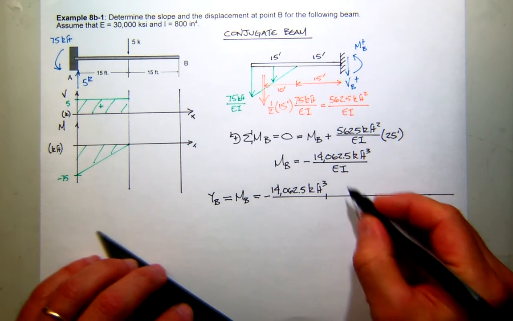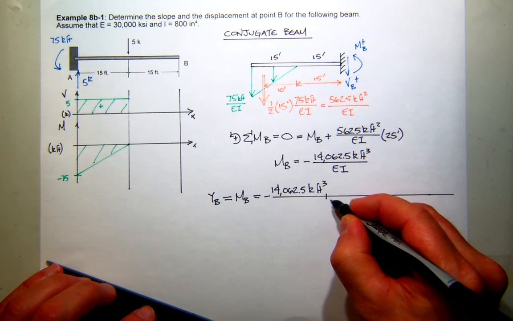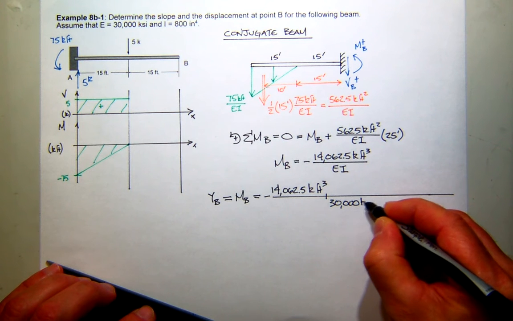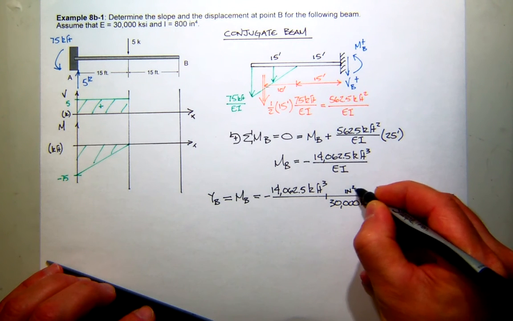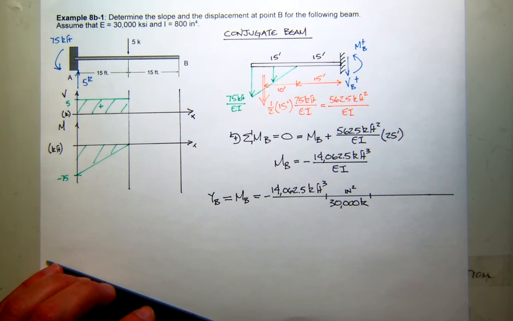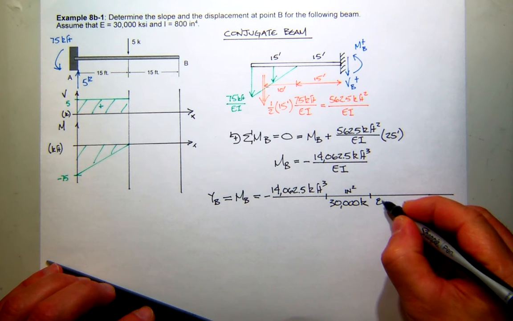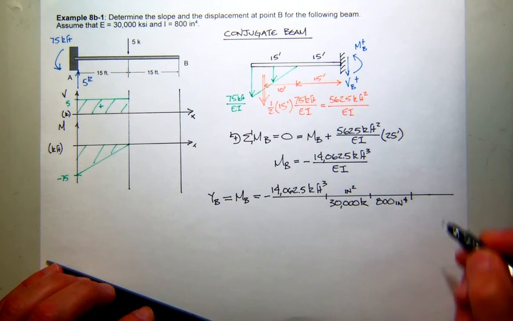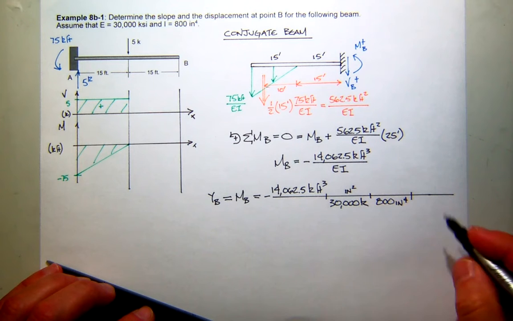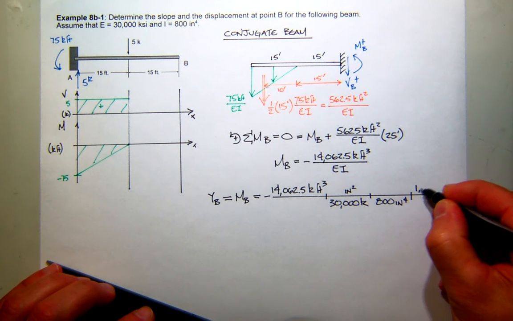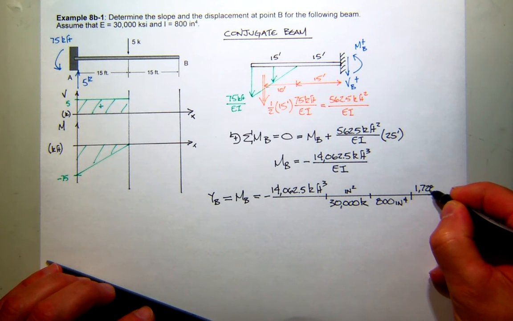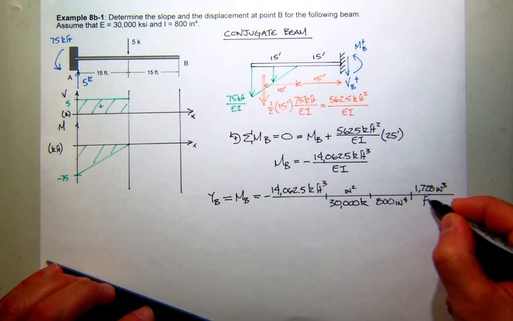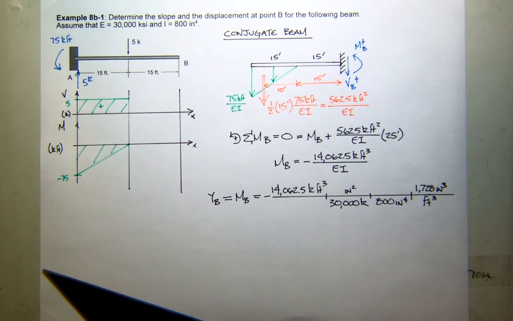So first, I'm going to divide by EI. E is going to be 30,000 kips per inch squared. I is 800 inches to the fourth. So I've got to convert this cubic feet. So I have 1728 inches cubed in a foot cubed.